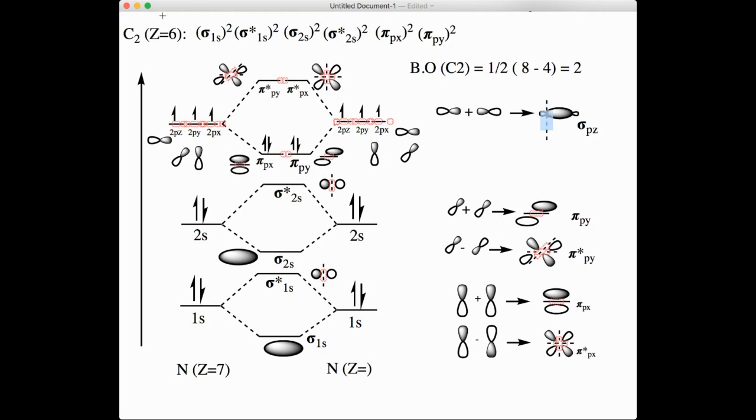So here is one, there is a nodal plane because it is a change of the sign of the wave function here. And obviously there is another nodal plane. Okay, so there are two nodal planes in this sigma bonding molecular orbital.